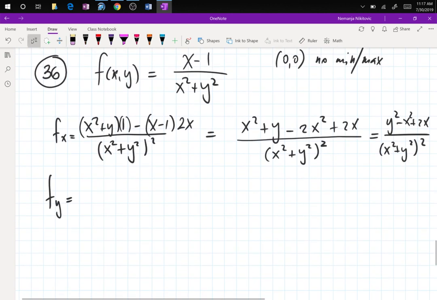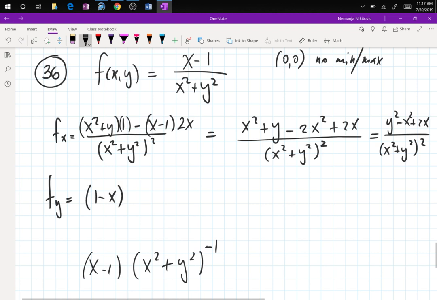Now, the partial derivative with respect to y. We don't have to worry about it that much, because it's not a quotient rule. You only have a y in the denominator. So you can regard the problem as x minus 1 times x squared plus y squared to the negative 1. So we're going to have 1 minus x, because the negative would flip, and then x squared plus y squared to the negative 2 times 2y as a chain rule.